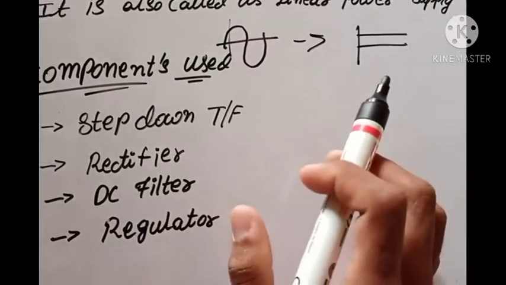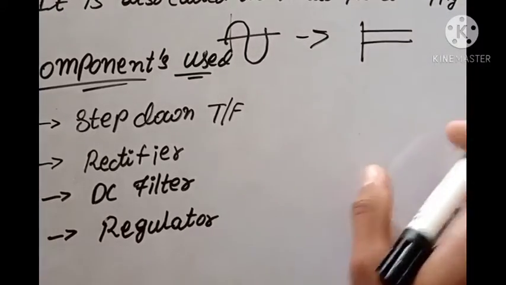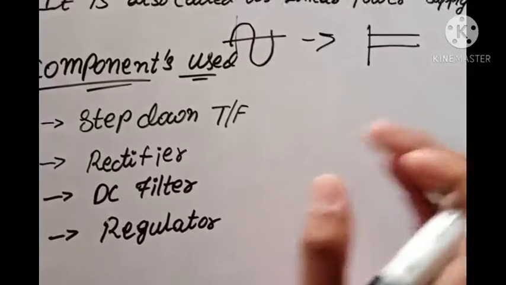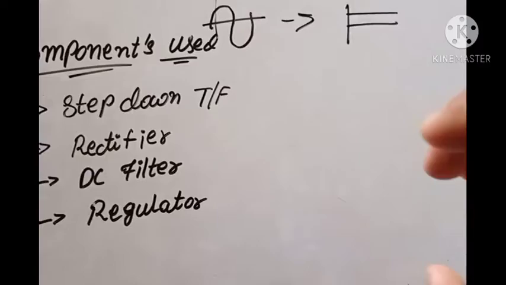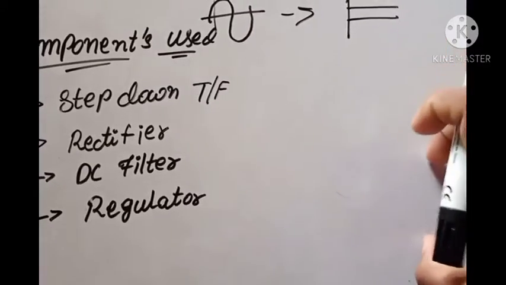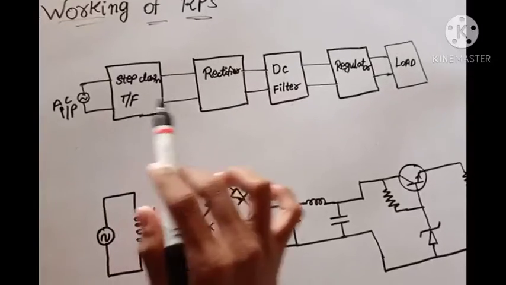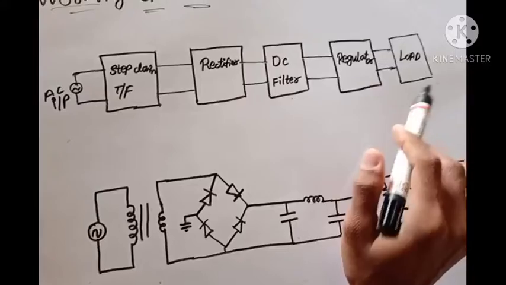The DC filter converts the pulsating DC into a constant DC by reducing the ripples in the circuit, and the regulator maintains the constant DC supply. These are the components: step down transformer, rectifier, DC filter, regulator, and obviously load.